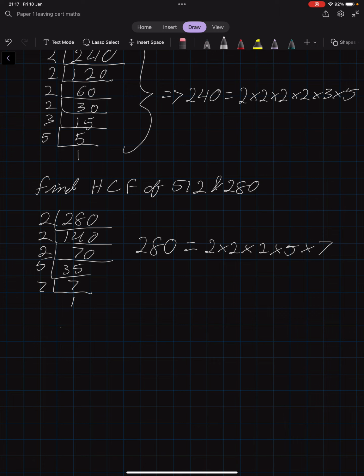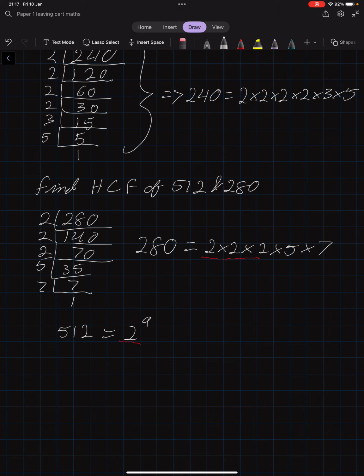Now for 512. I'm not going to bore you with this, but this is just 2 to the power of 9. Okay? So to find the highest common factor, you look at what is common to both 280 and 512. So in this case, there's 3 2's here, and there's also 3 2's here.